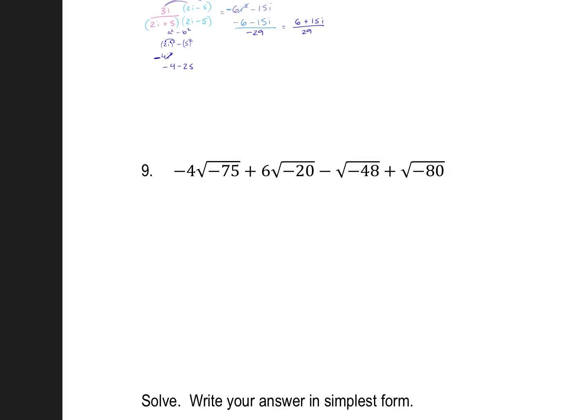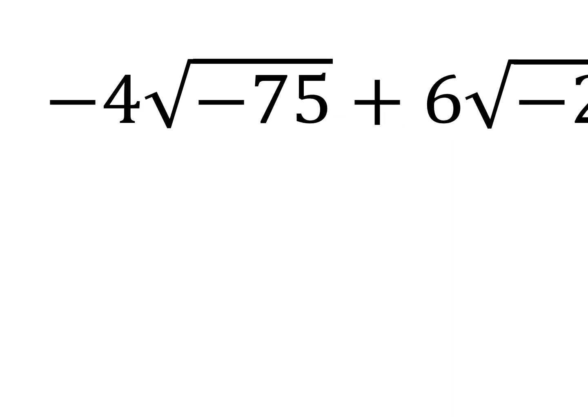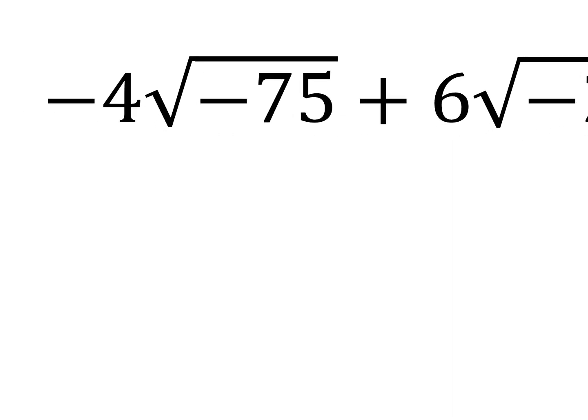All right, for number 9. Can I combine these all together? Not yet. What do I have to do in order to figure out if I can combine them? Simplify each radical. So let's start with square root negative 75. First thing I want to do is take out the negative and make it an i. Now let's simplify the square root of 75. What are 2 factors of 75? 15 and 5.